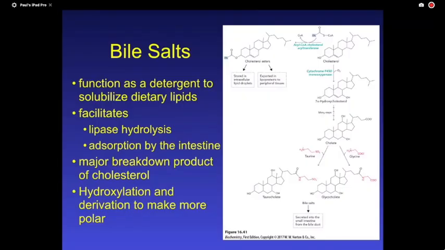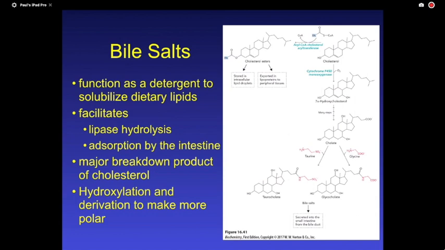The first set of derivatives produced from cholesterol is really the beginning part of the degradation of cholesterol. What we're going to do is make the cholesterol a lot more soluble. We will use an enzyme called cytochrome P450 using molecular oxygen, and we'll add lots and lots of hydroxides.